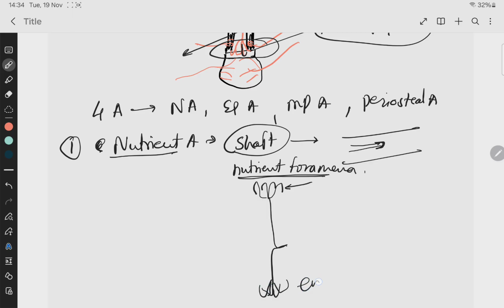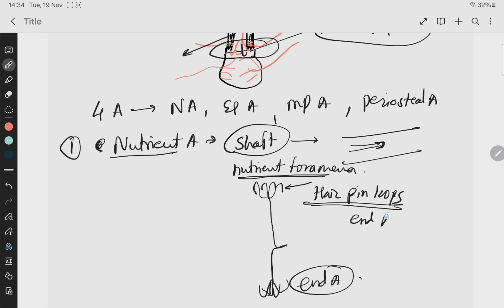These are nothing but the end arteries, the ending zone, and this structure is called the hairpin loops. These are the end branches of the nutrient artery.